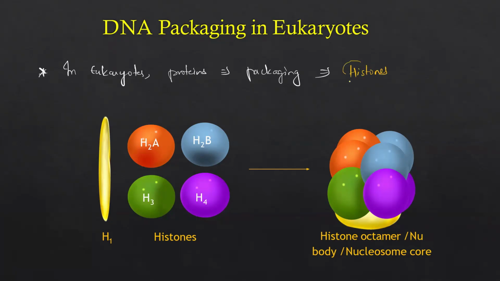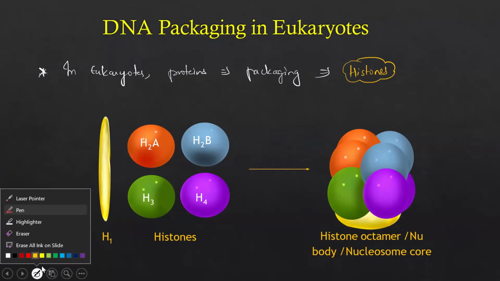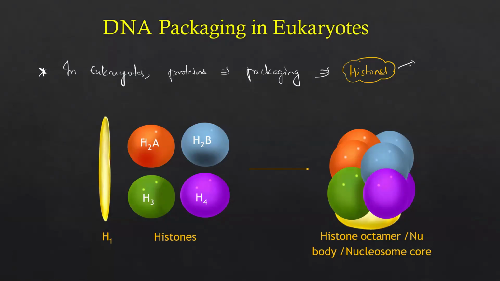So what histones are present here? One is H2A, H2B, H3, and H4. There are two copies of each: H2A, H2A, H2B, H2B, H3, H3, H4, H4.